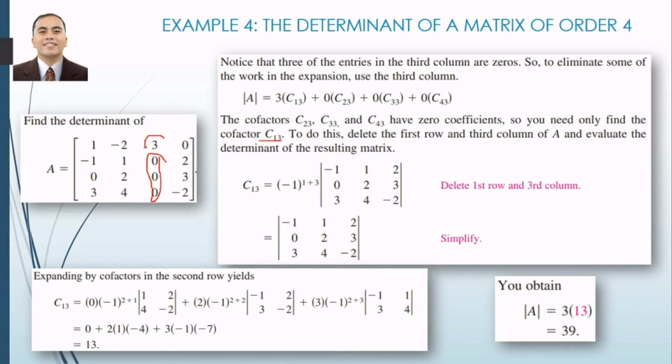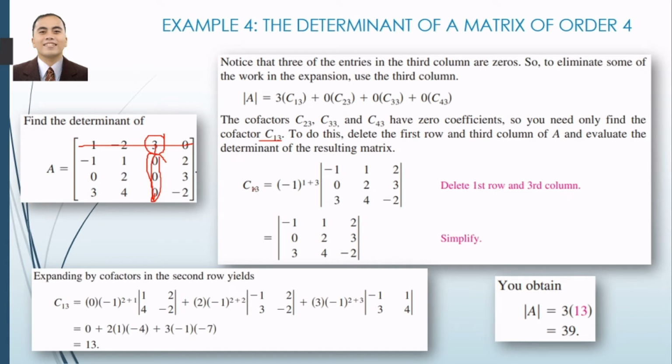So we need to delete this one. So the remaining values would be negative 1, positive 1, 2, 0, 2, 3, 3, 4, and negative 1. So delete again the first row and the third column.